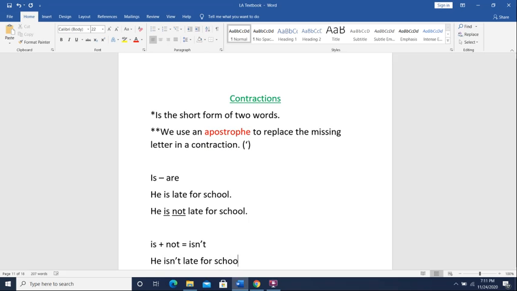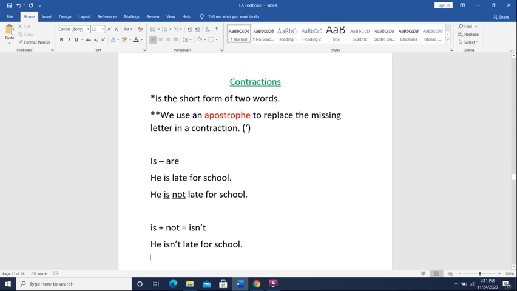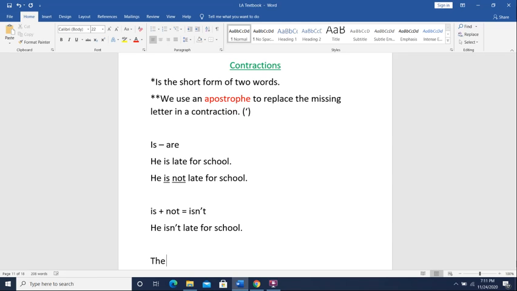All right? Okay, what about are? The kids are not happy. Okay, so here we're learning how to make a contraction between the verb is and not, and the verb are and not.